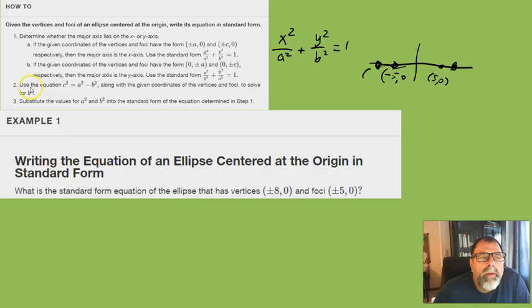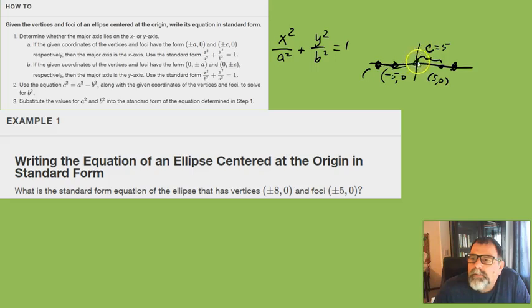Now use the equation c squared equals a squared minus b squared along with the given coordinates for the vertices and foci to solve for b. So remember, this distance from the center to the foci, that's c. So that's 5.